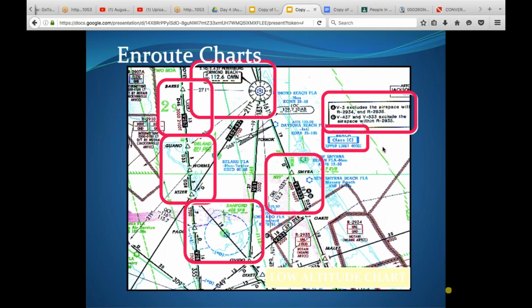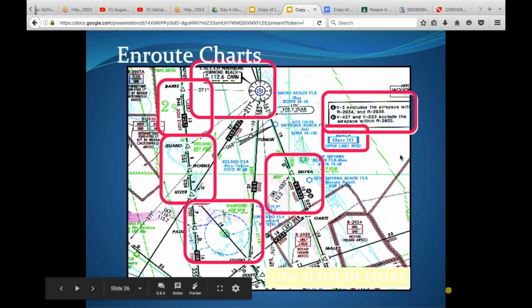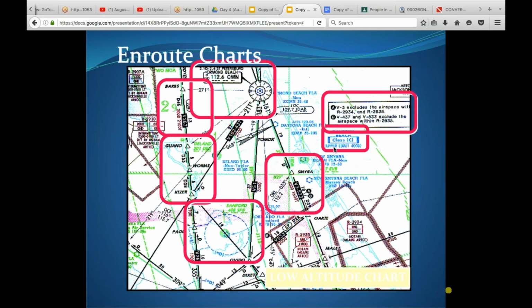Go ahead. I was just going to say this is some airspace. I know you said D down here, C up here. Yeah, and you can see that box just above it. It says excludes airspace R2934 and R28335. So it's talking about Victor routes that intersect restricted airspace.